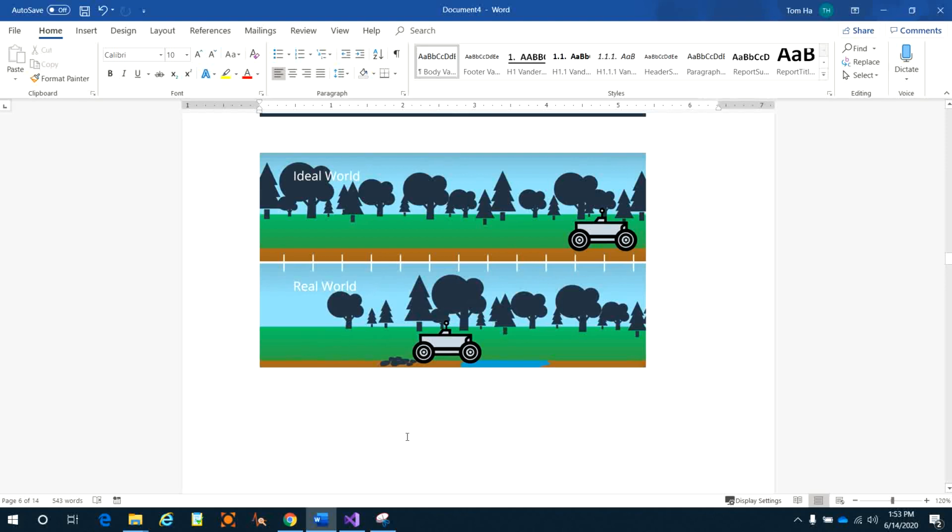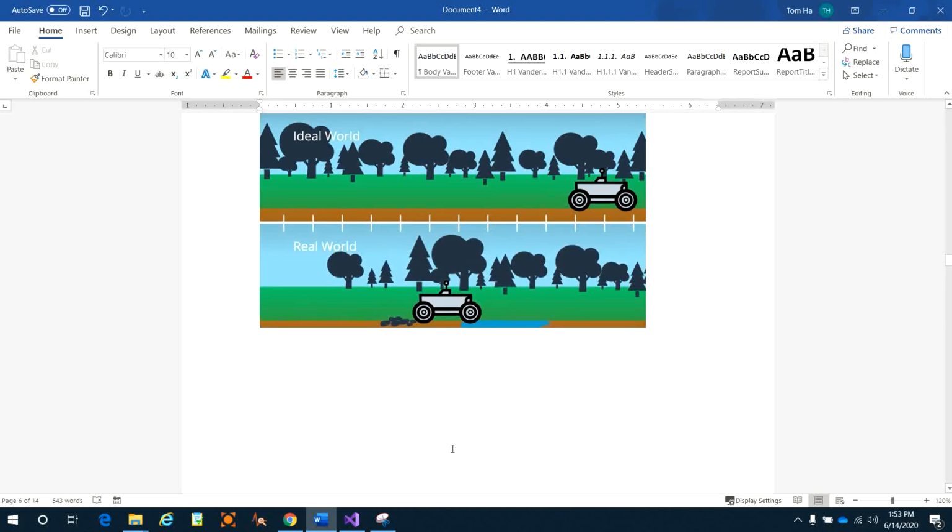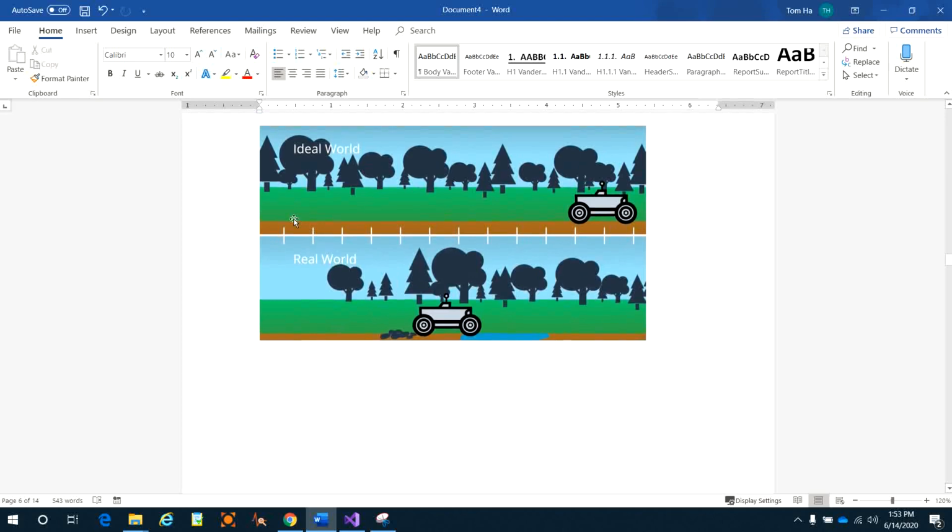Before I talk about the Kalman filter, what do you think about uncertainty in a mobile robot and how it impacts the robot? In the ideal world, for example, I ask the robot to move 10 meters, and it moves exactly 10 meters, right? But in the real world, many things impact the mobile robot.